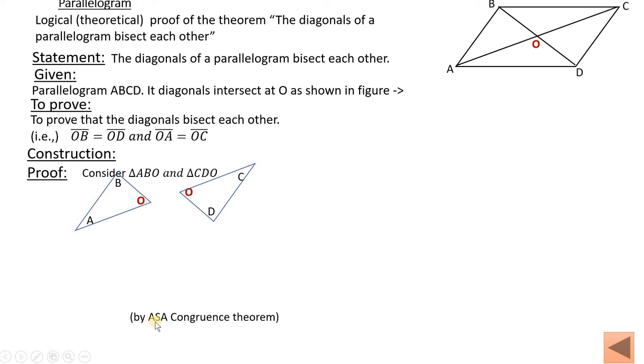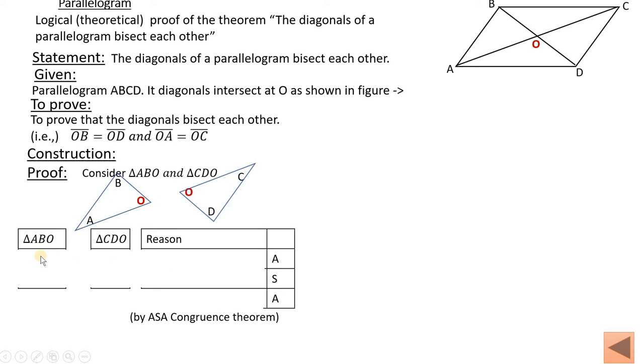So angle, side, angle. That is what we are going to establish between the parts of this triangle with this triangle. So triangle ABO, triangle CDO. These are the 2 triangles. Now we are using the ASA congruence conditions to prove it. So first what we do is, we will prove that one side of each triangle, both the triangles, are equal.